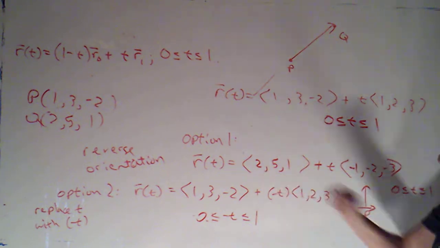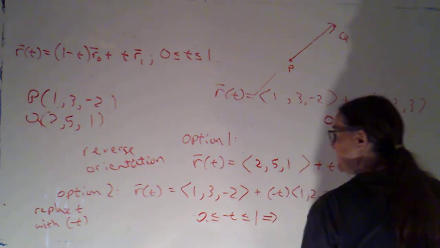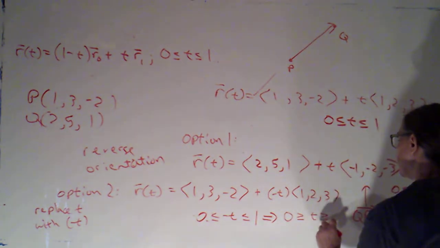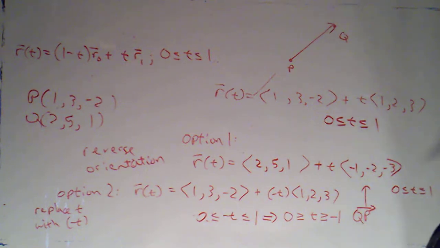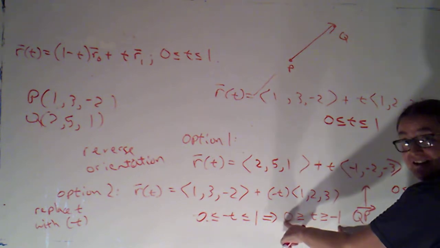When I then solve for t, I'm dividing through by negative 1. So I'm going to get 0 is greater than or equal to t is greater than or equal to negative 1. So we're actually now working on the time interval from negative 1 to 0.